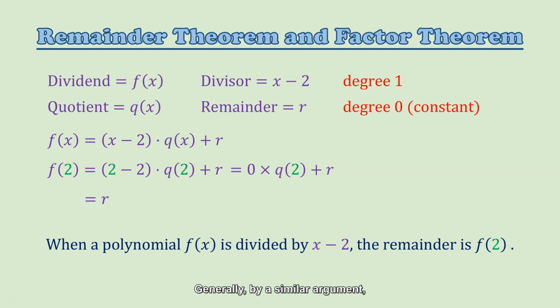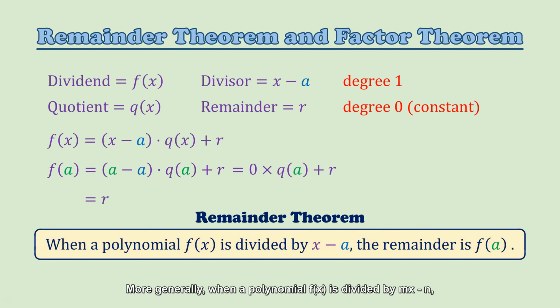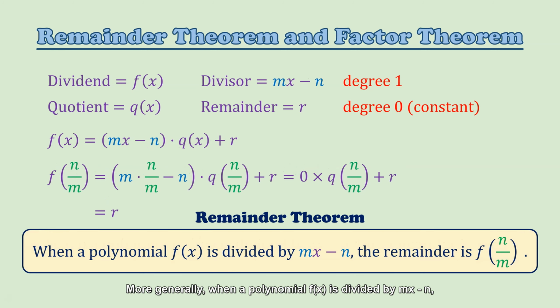Generally, by a similar argument, we can conclude that when a polynomial f(x) is divided by x minus a, then the remainder is simply f(a). This result is known as the remainder theorem. More generally, when a polynomial f(x) is divided by mx minus n, then the remainder is f(n/m).